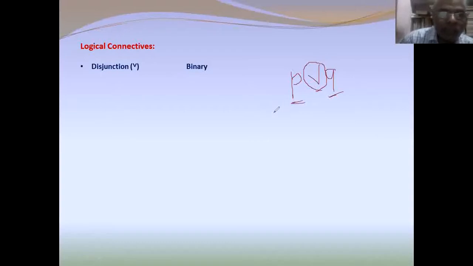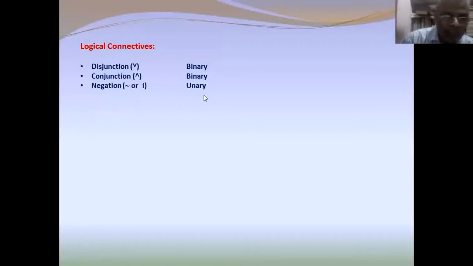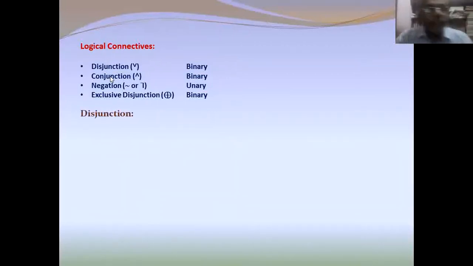Otherwise, it is unary. The second logical connective is conjunction. It is also binary. The third one is negation, which is unary. And the fourth one is exclusive disjunction, which is binary. Basically, the first three are basic logical connectives, and the fourth is derived from these. Let us discuss each connective one by one.